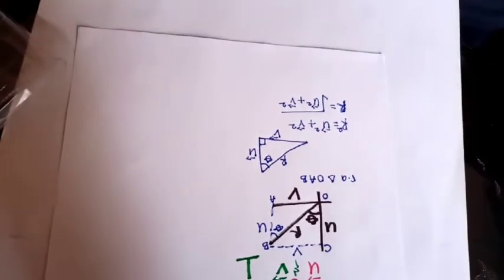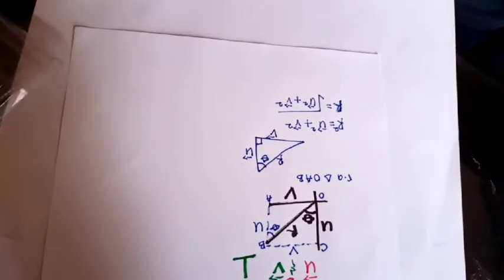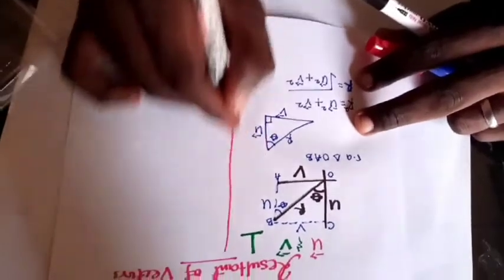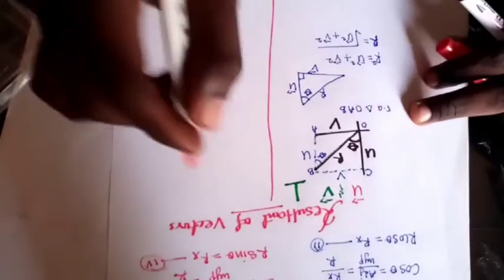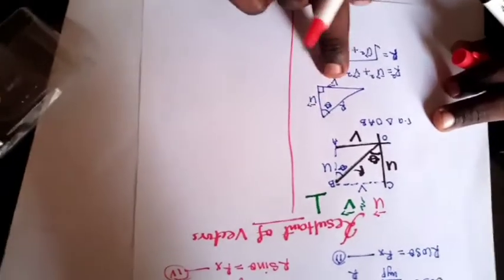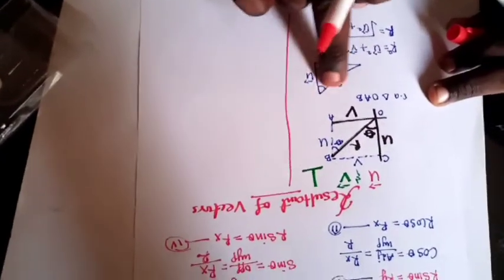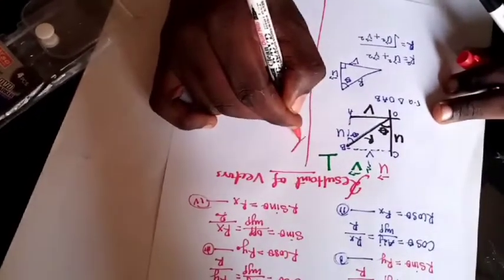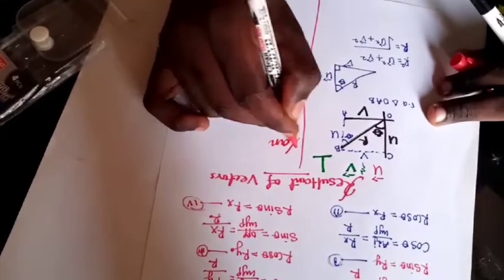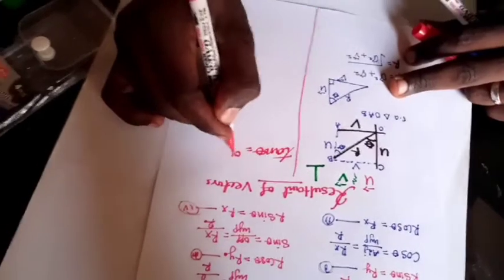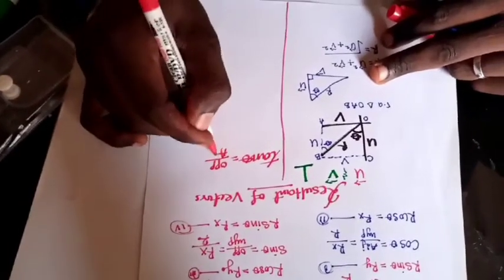Now, another question that you might find here is, what is the direction of the resultant? We can also get the direction of the resultant by looking for this particular angle here. Now, if I have this and I have this, how can I get this particular angle? What relates opposite and adjacent together is called tan. So I have that tan of theta is TOA, which is opposite over adjacent.